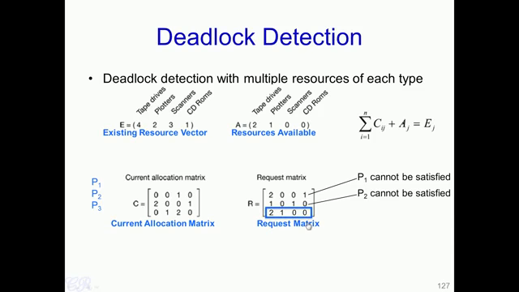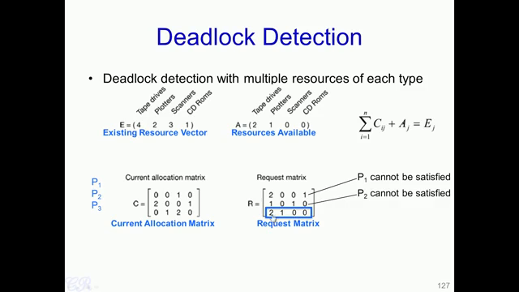If we look at another example where there is a small change, we have just reduced the number of scanners required by process P3. In such a case, we see that both the tape drives requested by process P3 can be met by the system.